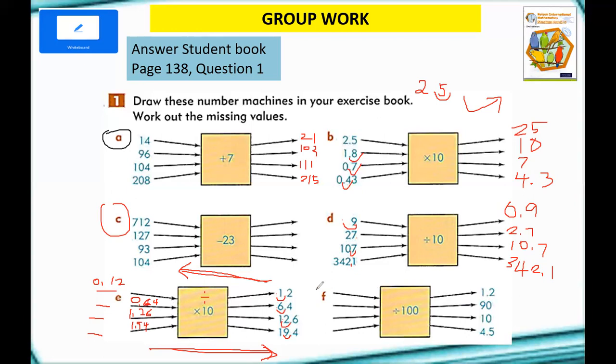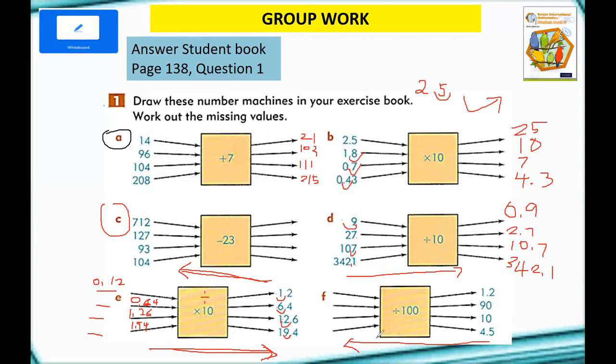Now the same thing is true in letter F. Okay, so we don't have the input, but we have the output, meaning we don't have the first number, we have the rule, but we have the result. So instead of moving forward, you are going to move backwards.